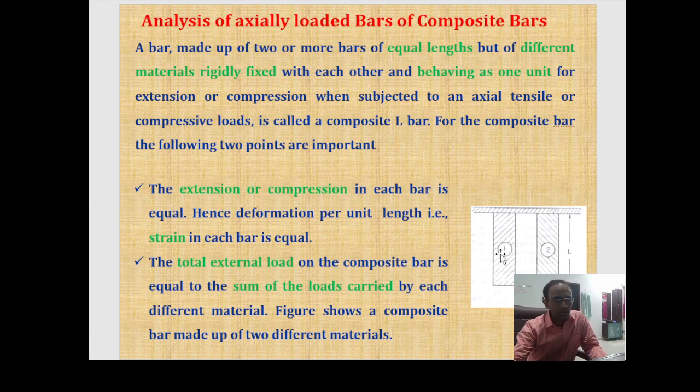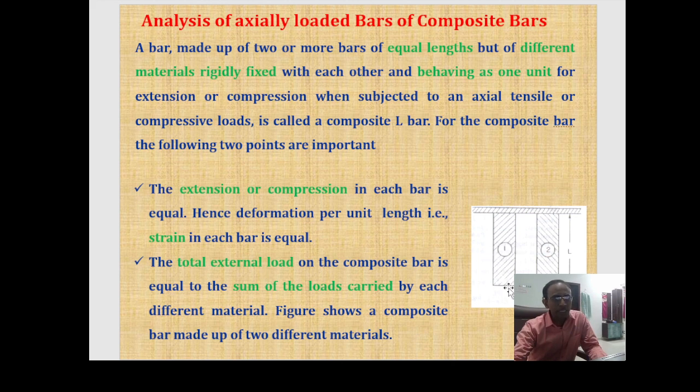Because the length is equal, the extension or compression may be taken as a strain. So the strains in both materials are equal. That is one condition, and based on that we can formulate an equation. We will see that.